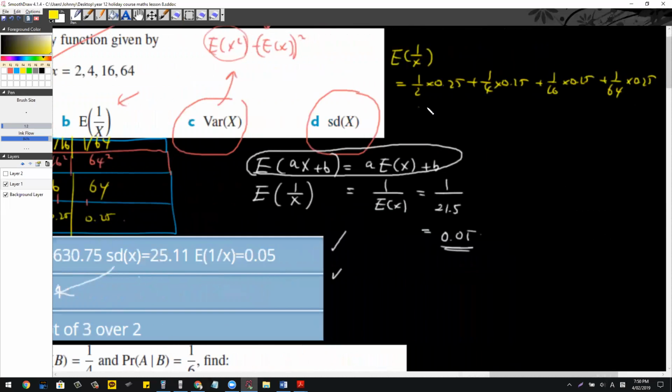So this is the correct answer. But let's check if this is the same thing as this one here. If that is the case, then this rule here will work.